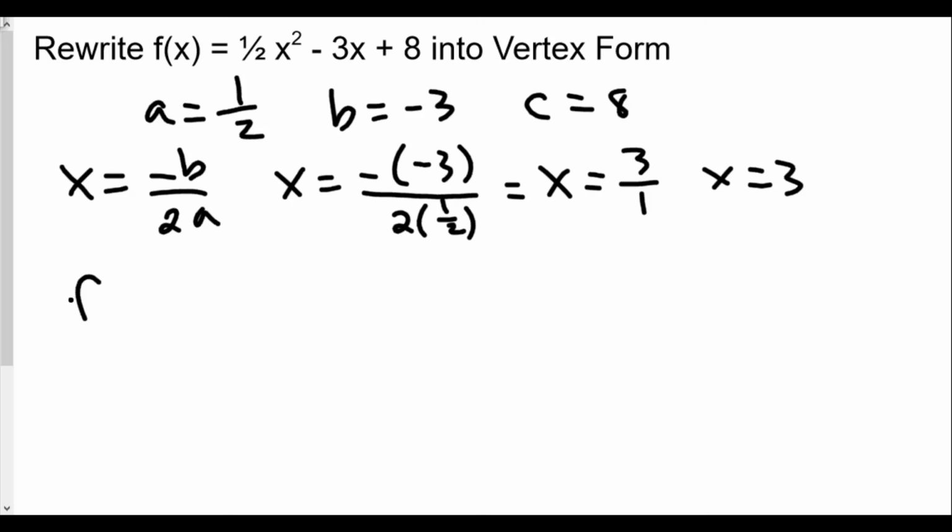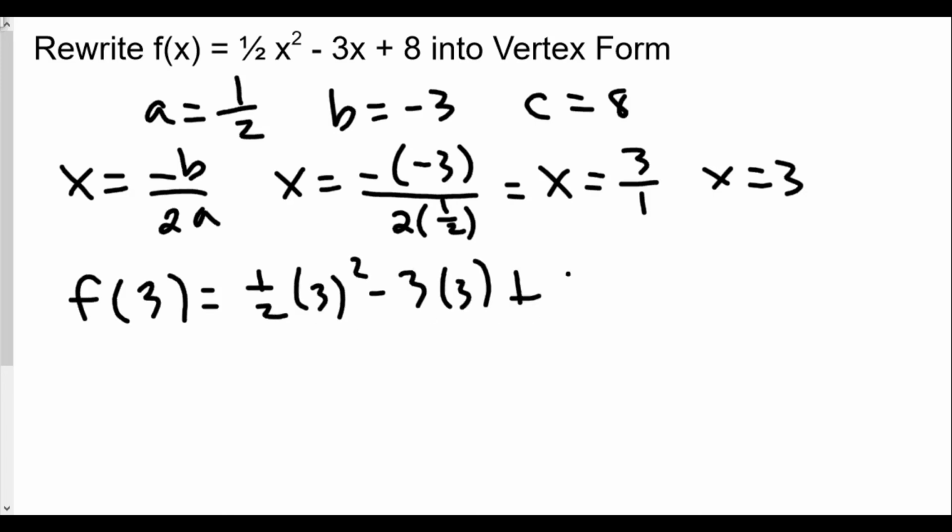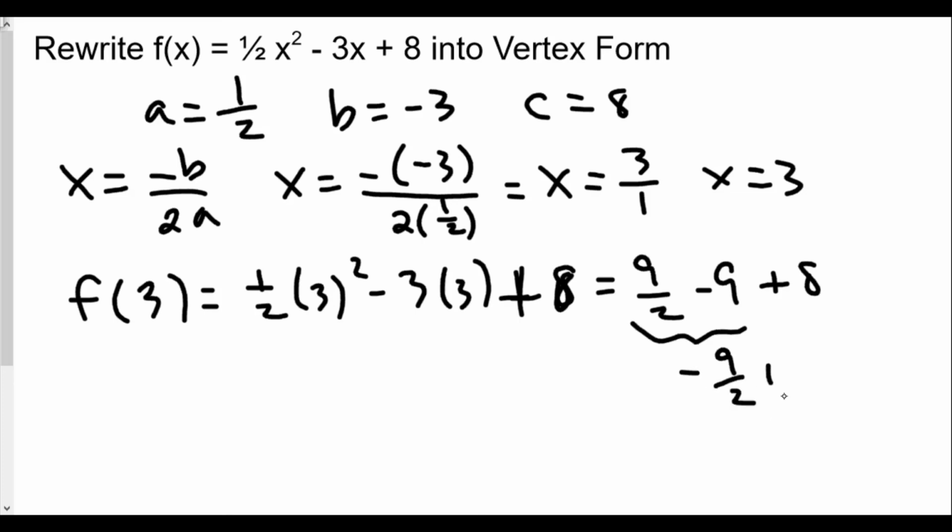Now we're going to plug in, in this case, f of 3 equals 1/2 of 3 squared minus 3 times 3 plus 8. And so we get, in this case, well, 9 times 1/2 is 9 over 2, minus 9 plus 8. Well, 9 over 2 minus 9 is negative 9 over 2, plus 8.